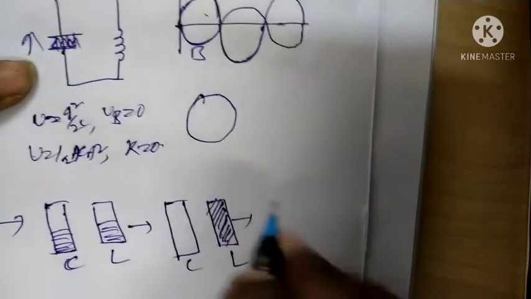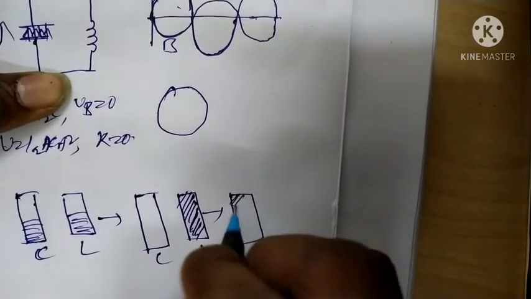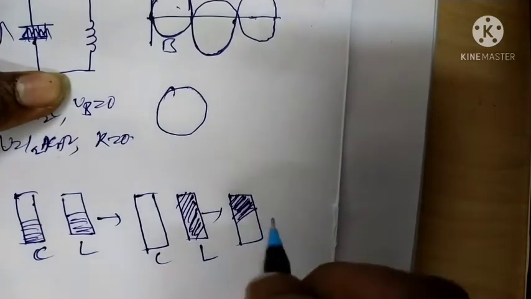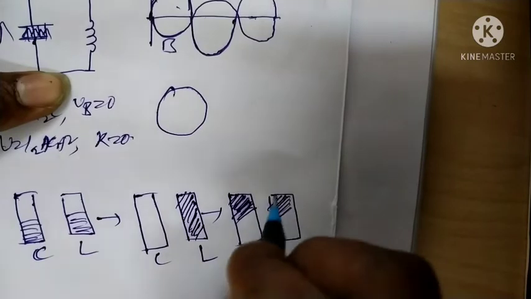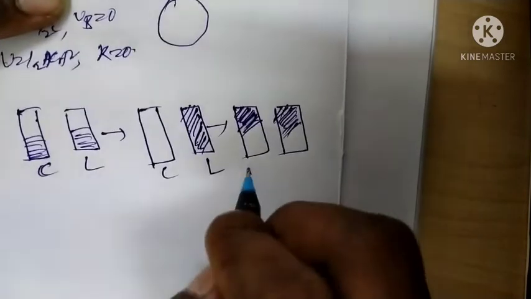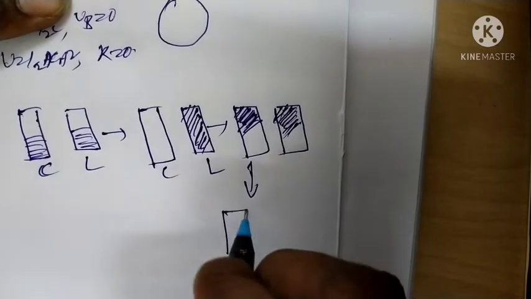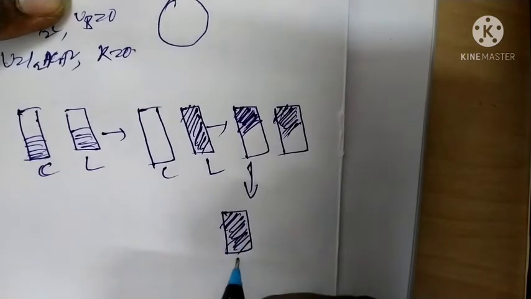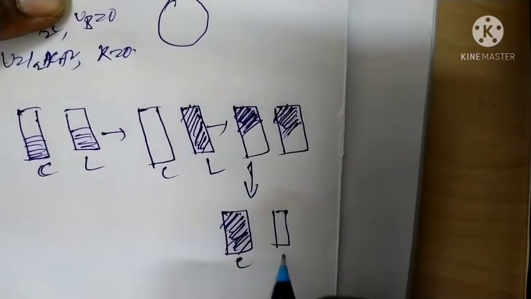In the next case, the charge carriers are in the upward or downward direction. The capacitor is the same, and the inductor is also half. In the next case, the capacitor is fully charged and the inductor will be 0.